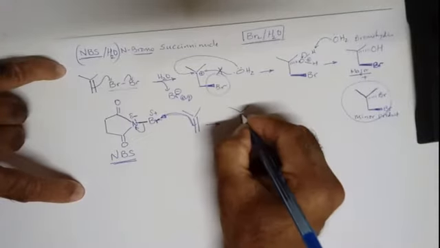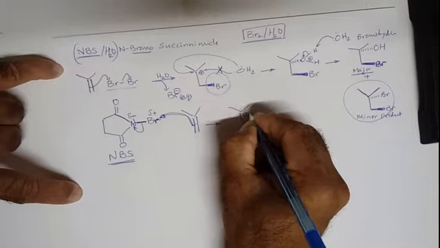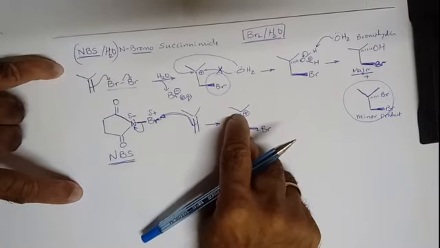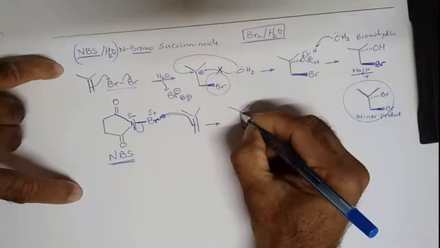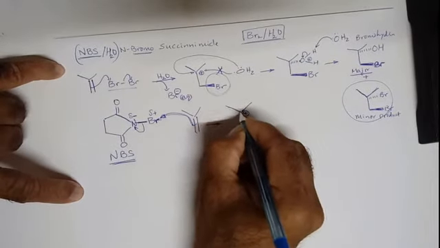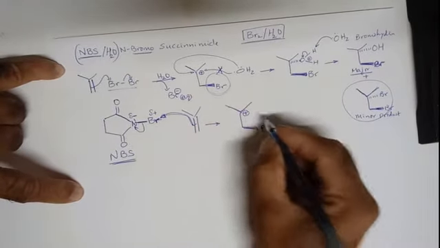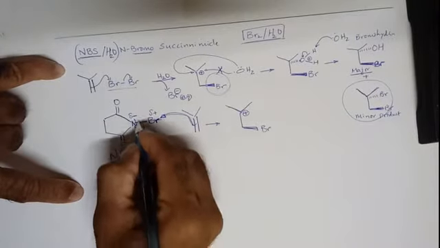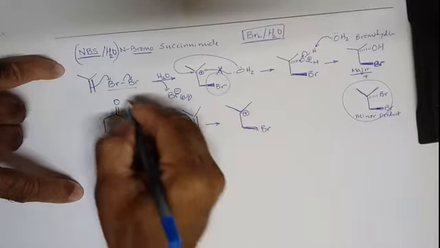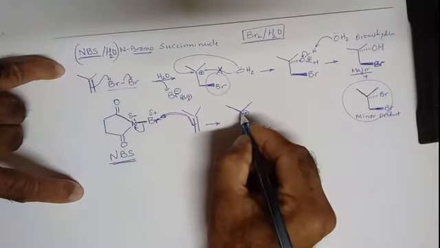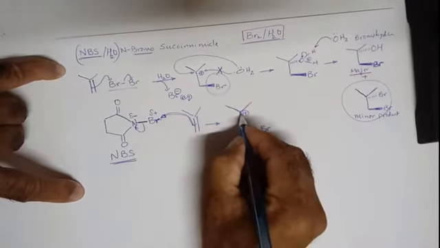Remember, I have already done the regioselection by saying that I'm going to get a positive charge on that carbon, not on that carbon. We already did the selection. So that part we have already taken care of. Now, of course, what is left behind is this contraption. This contraption is so big and it's not interested in reacting with this carbon.